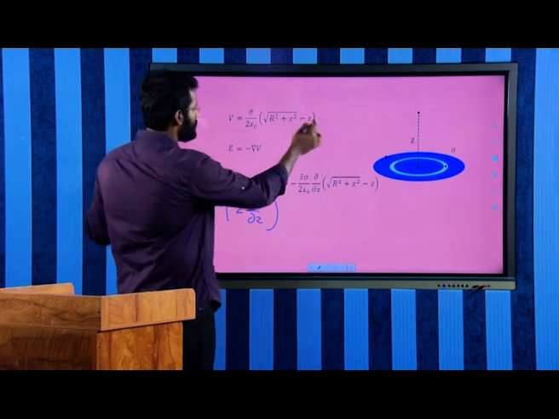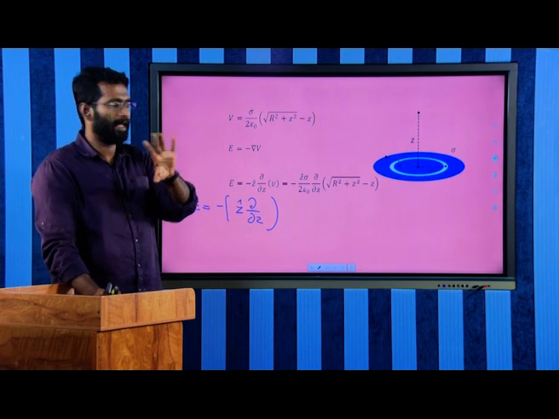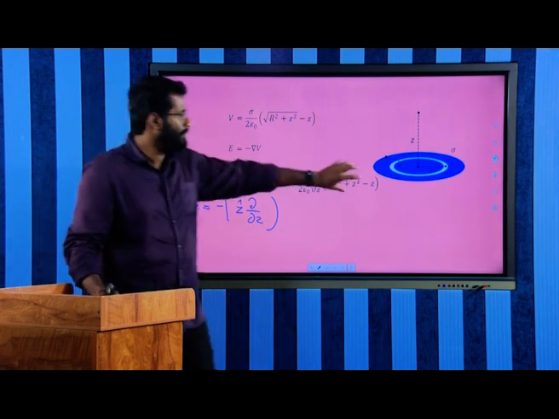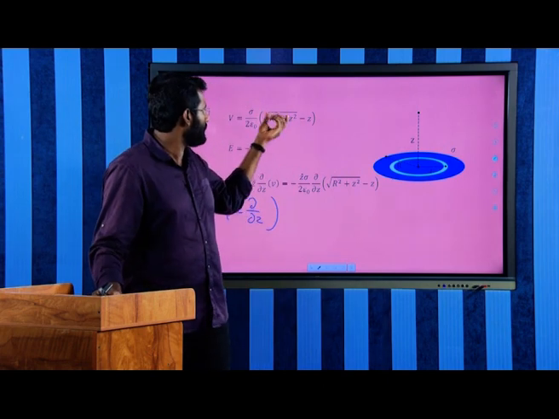Since the given function is only a function of z, it is not a function of capital R, because capital R is a constant for a specified disk. There is no small r here also, only z is the variable.